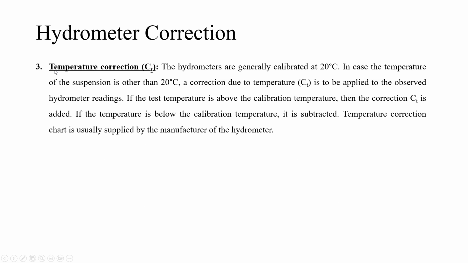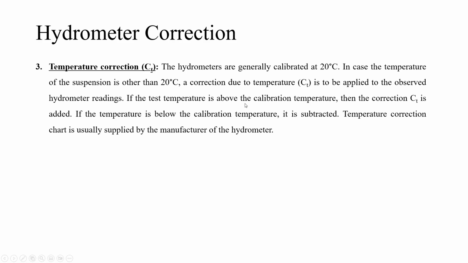Now the third correction is temperature correction. This correction is done because each hydrometer is calibrated at a particular temperature, generally 20 degrees Celsius. But while doing the experiment, the temperature may not be the same as 20 degrees Celsius, so with fluctuating temperature, we need to do a correction.